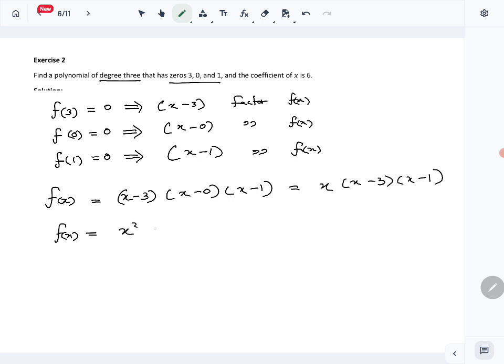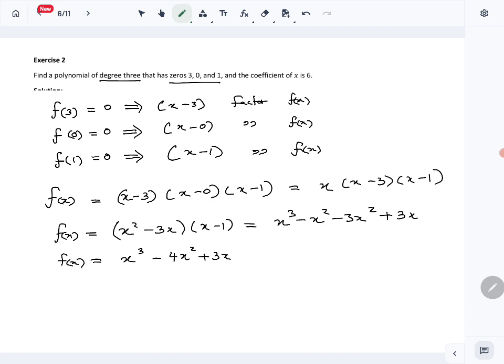So x squared minus 3x, times x minus 1, again expand, x cubed minus x squared minus 3x squared plus 3x, right? So you have x cubed minus 4x squared plus 3x.